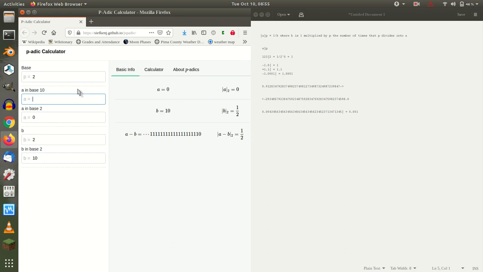So, when a is 0, the absolute value is 0. Cool. Okay. When a is 1, absolute value is 1. Okay. Cool. 2 doesn't go into 1. 2 doesn't go into 0. But they behave differently, right? So 2 to the 0 power is 1.